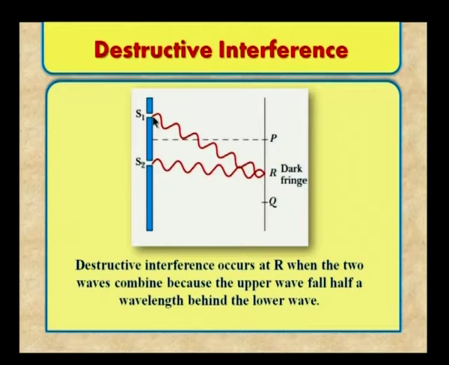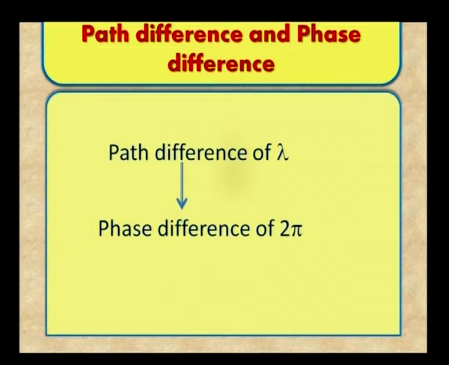When the path difference is lambda by 2, that will lead to destructive interference. So, a path difference of lambda will be equal to a phase difference of 2 pi. This is a very important point.